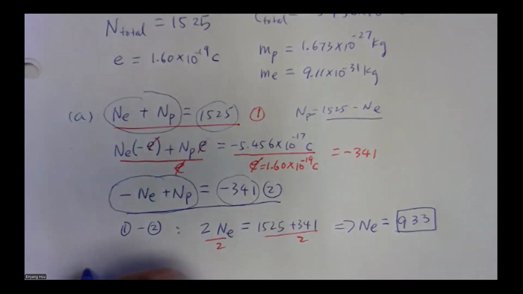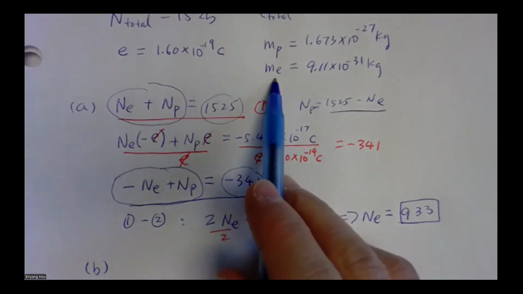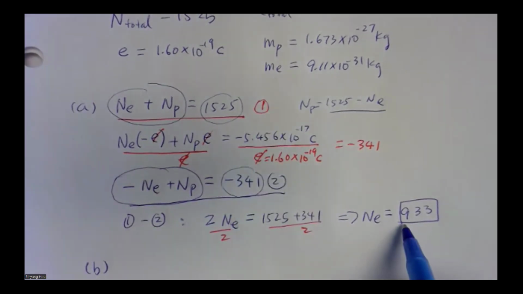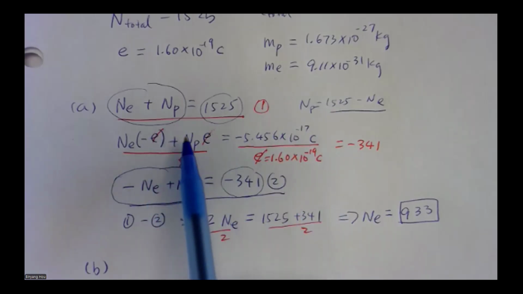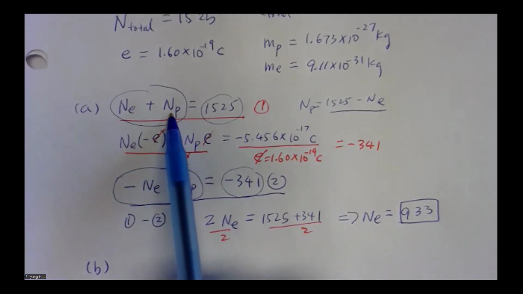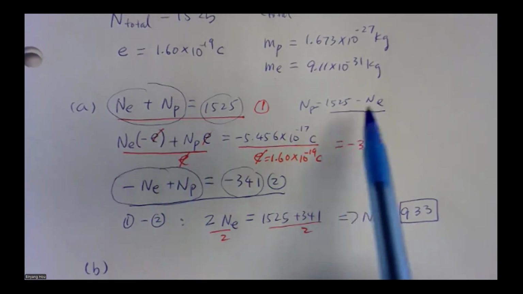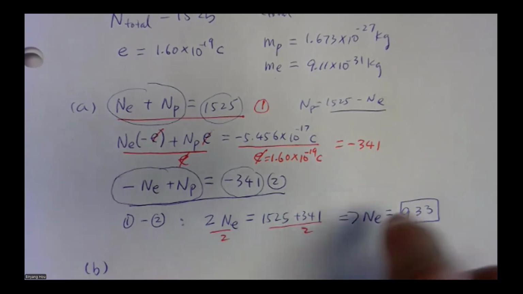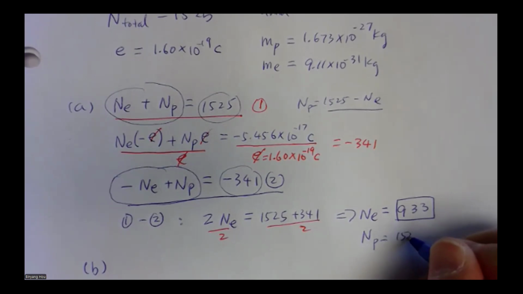In part B, we are looking for the total mass. Total mass means the mass of the electrons, so that many electrons times that, plus we'll need to figure out the MP this time. You can figure that out as well. MP is equal to 1525 minus this 933.